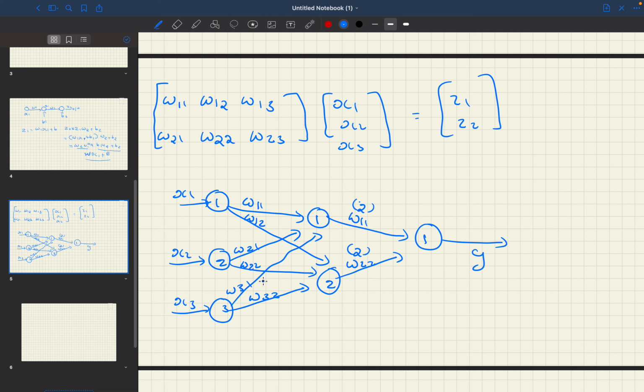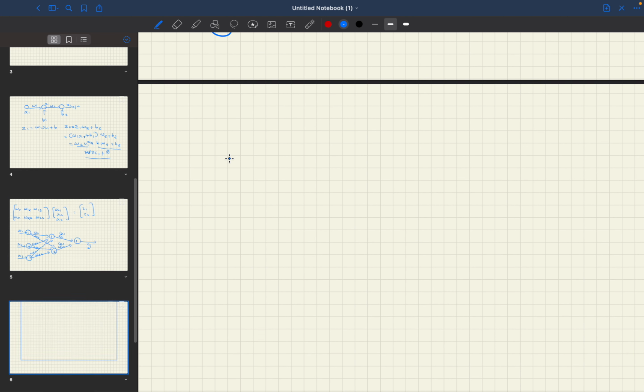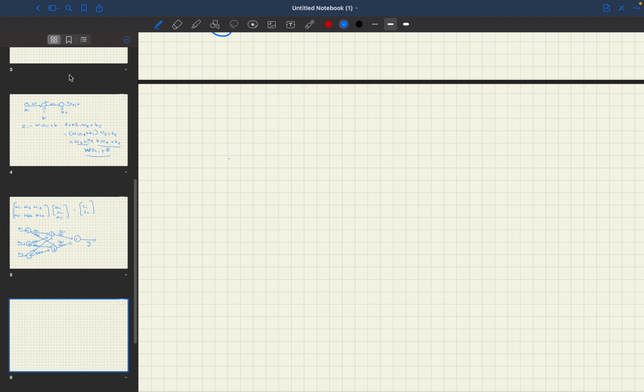Now consider the next layer. So this is the first layer. Then consider the second layer. In the second layer we will have W11 and W22, right? So just write here second layer. We can write it as W11 into W22 into Z1, Z2.